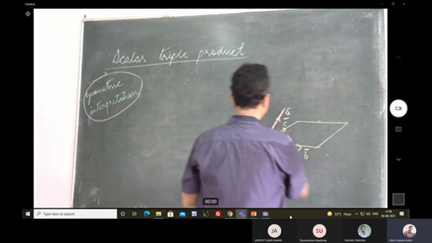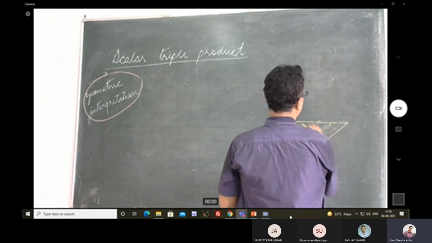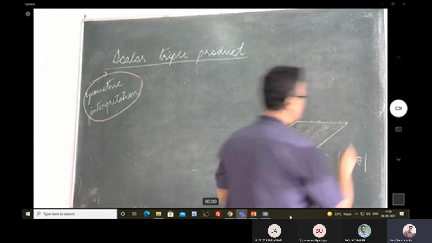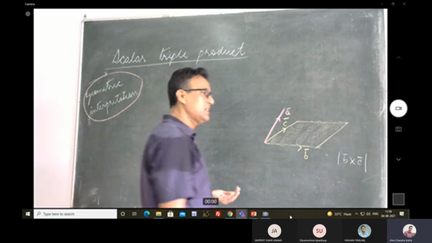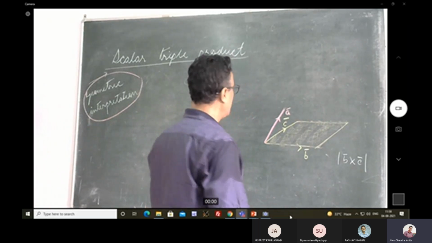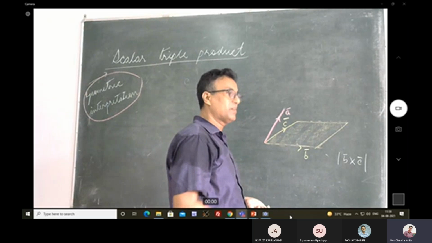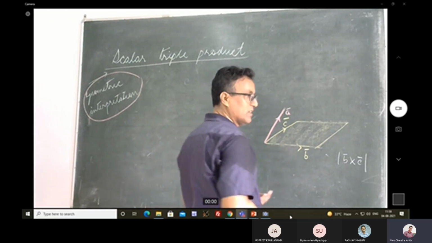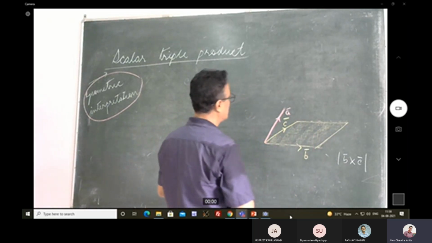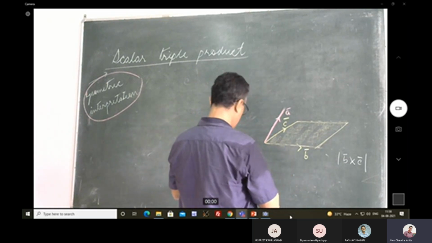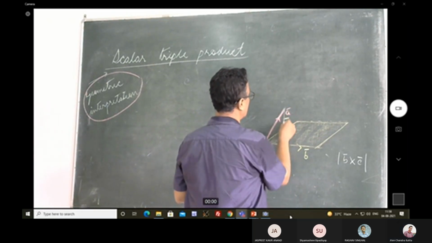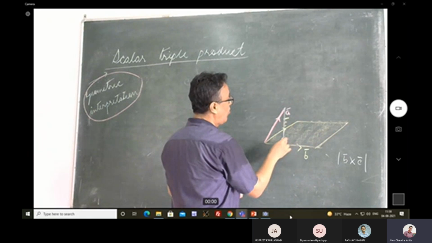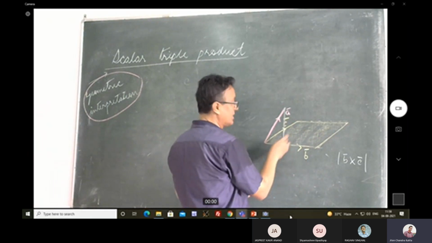The area of this parallelogram is simply given by the magnitude of the cross product of B and C. Now if I want to find the parallelepiped whose edges are given by A, B, and C, the volume of that parallelepiped is given by drawing a perpendicular from the terminal point of A onto the plane where B and C lie.